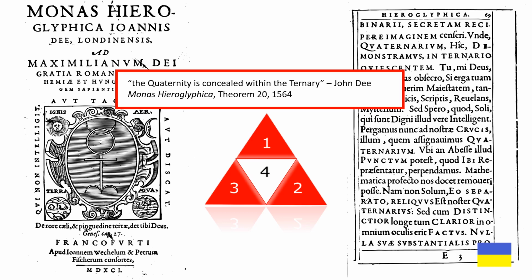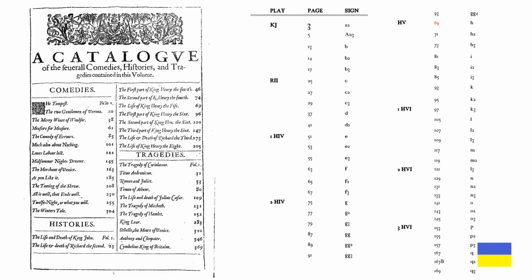According to the theory, this conceals a profound truth, and any time you have a quaternity within a ternary, it is either revealing a profound truth or concealing one. To understand it better, we have to look again at the catalogue of plays and where exactly the quaternion is located.